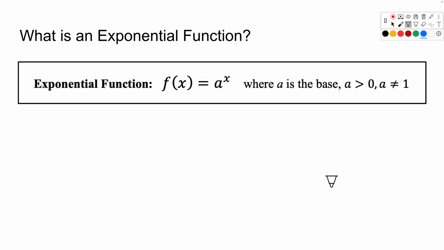Okay. So we have some base a, and we define a. The base has to be greater than 0. And the reason is, if a were a negative number, let's say it's -2, if that was our base, if we do it to the first power, what's -2 to the first power? -2.